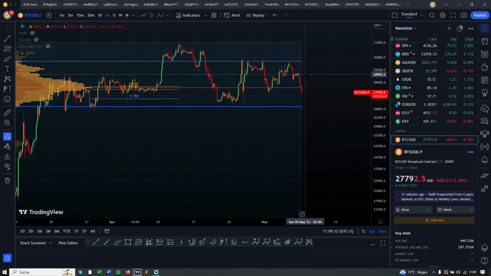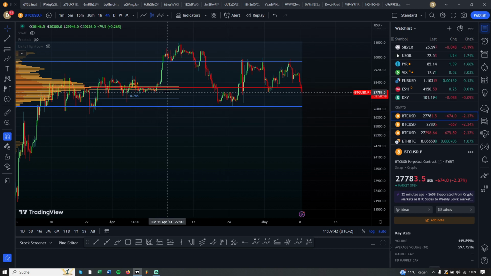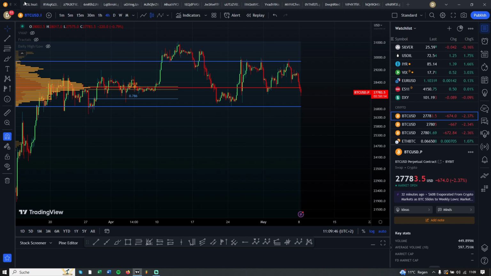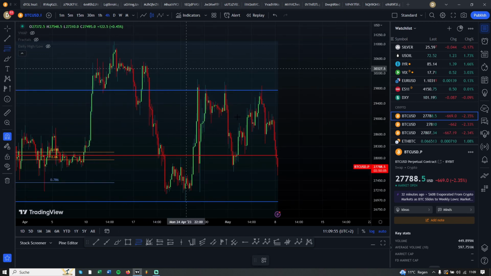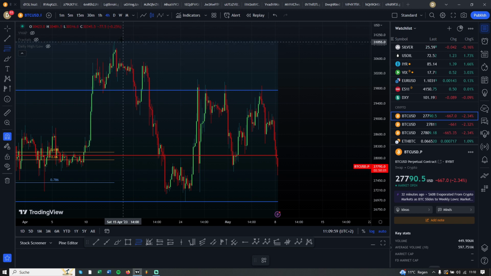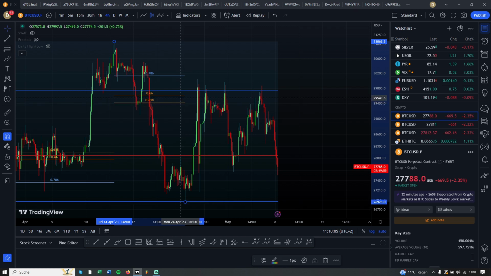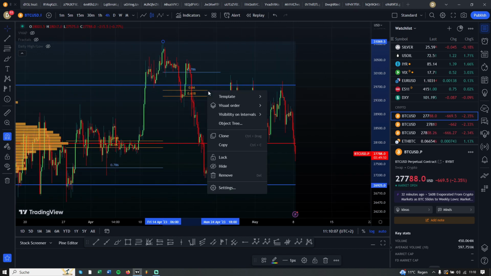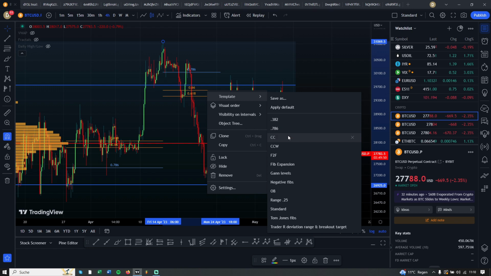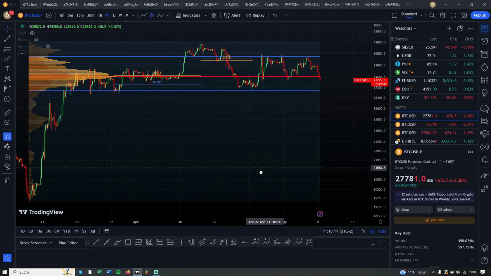Today we have seen a bit of a downtrend, and here the CC is basically perfectly coming in on this point of control. Then we could also pull the CC from the top here to this bottom, and the CC is coming in again on the value area high.